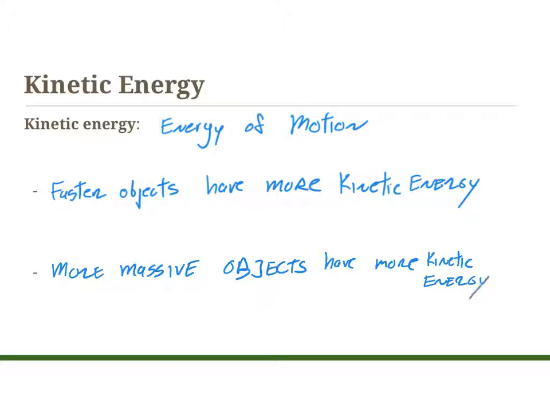Now, when I'm saying that more massive objects, I'm talking about larger objects in comparison. So if I'm talking about this rock versus this rock, and they're both traveling and they both are moving, this one would have more kinetic energy just because it's bigger.